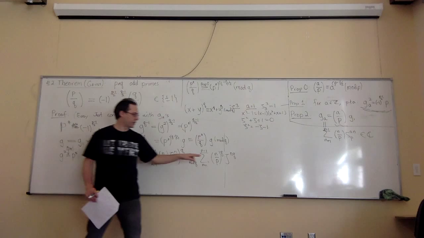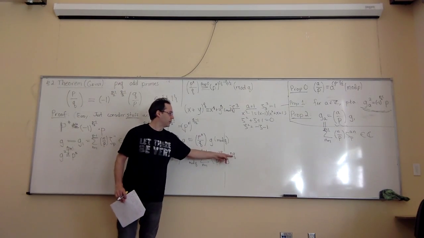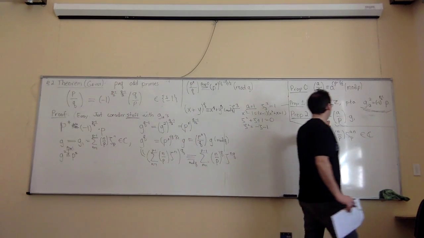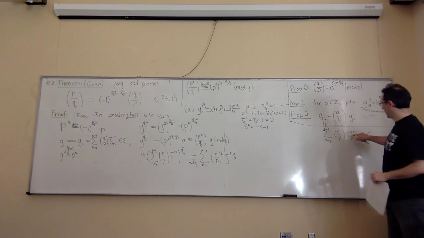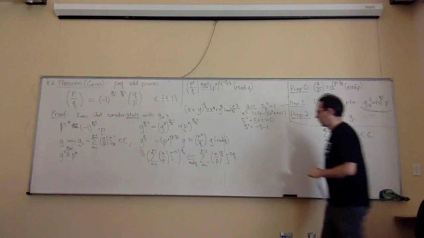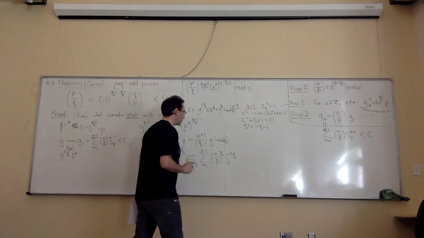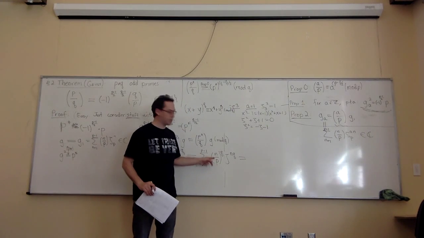But look, this looks a lot like the Gauss sum g sub q. Because the difference between g sub 1 and g sub a in the definition here is that you raise zeta to the power of a. So let's make that out.